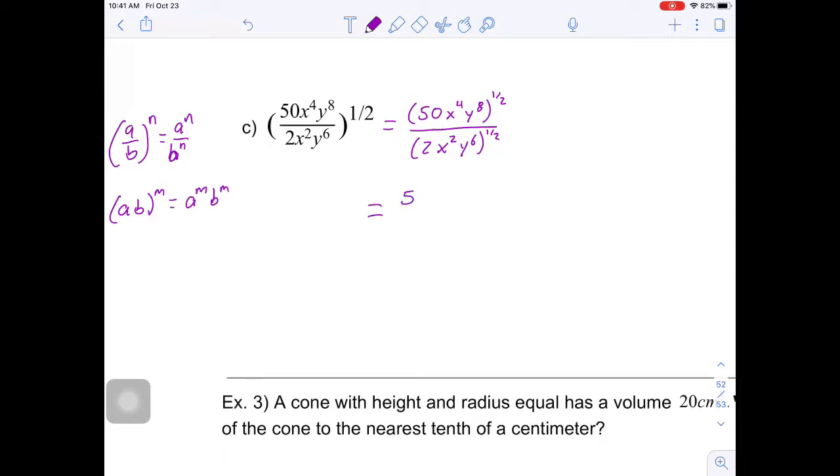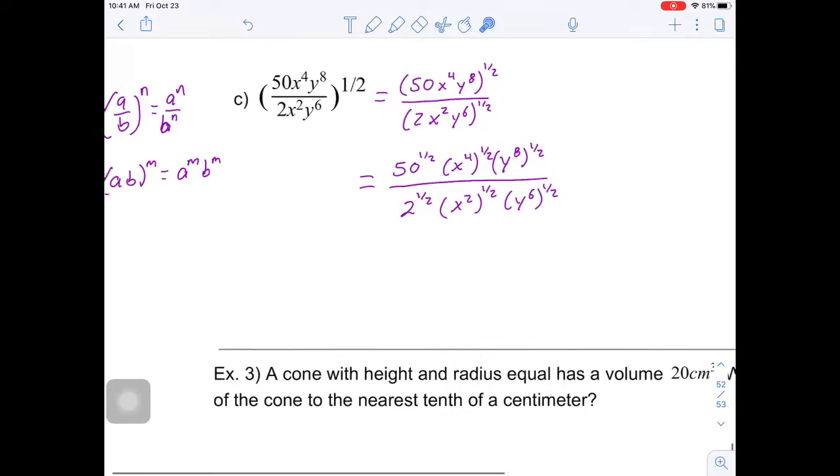So this will become 50 to the power of 1 over 2, x to the power of 4 to the power of 1/2, y to the power of 8 to the power of 1/2, over, and then I'm going to do the same thing on the bottom. So 2 to the power of 1/2, x squared to the power of 1/2, y to the power of 6 to the power of 1/2. So I've taken this 1/2 and made it the exponent of each value.